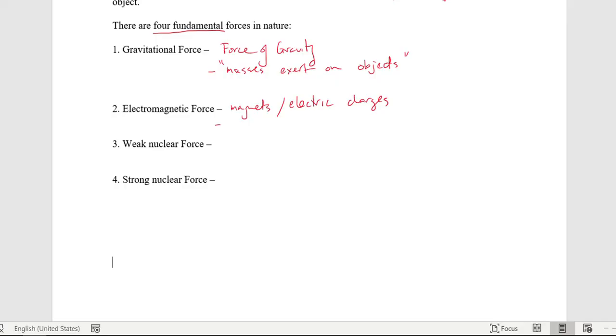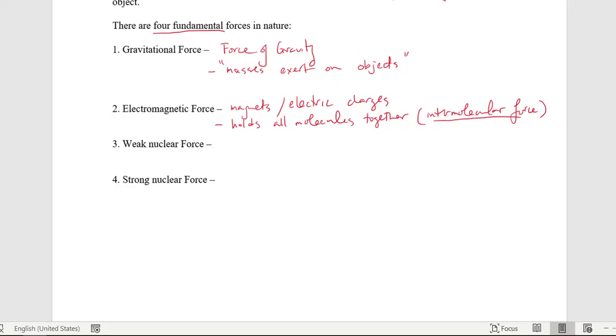But more importantly, the electromagnetic force is the force that holds all molecules together. It's also known as the intermolecular force.